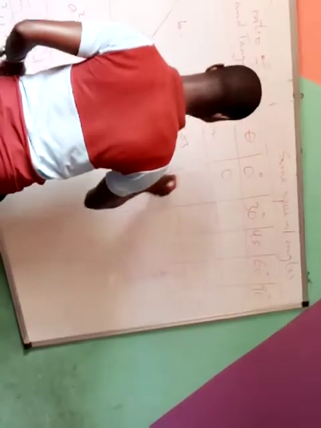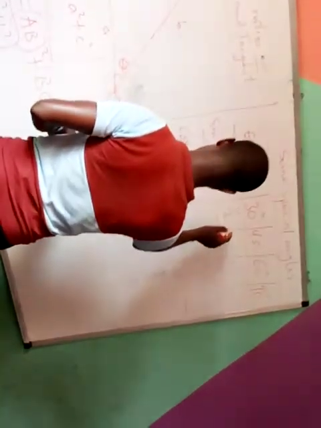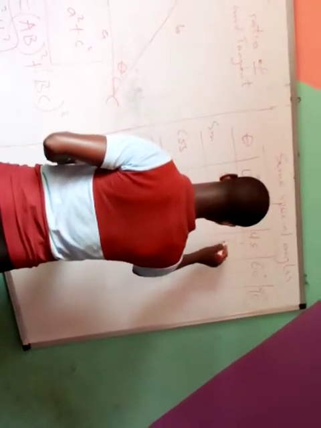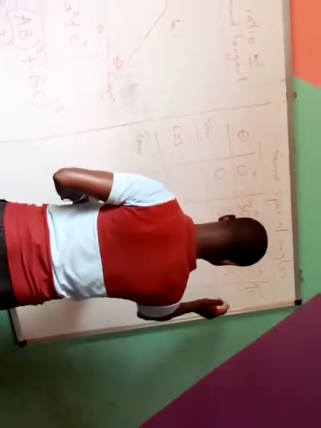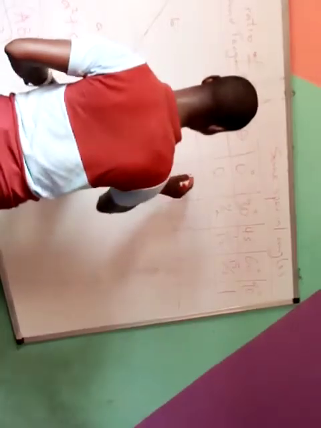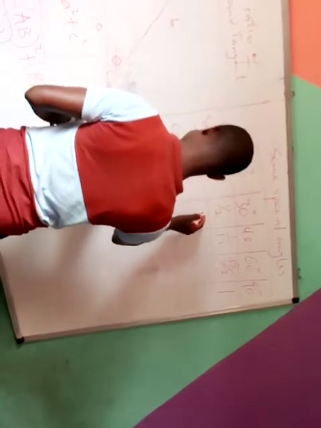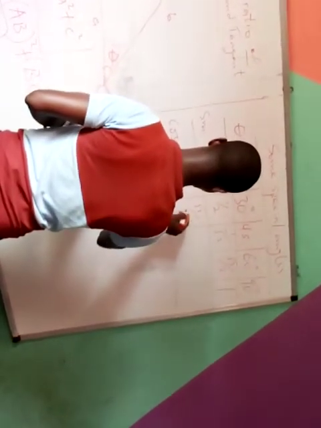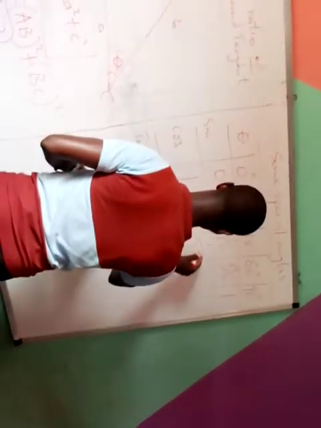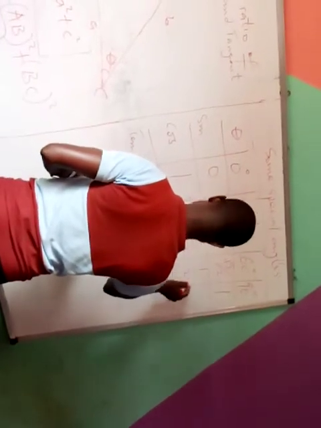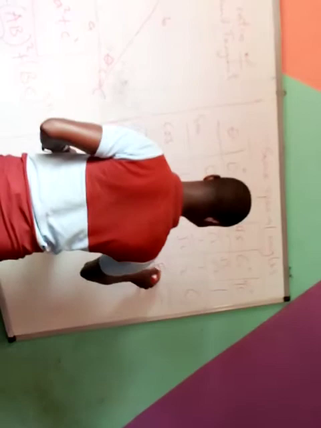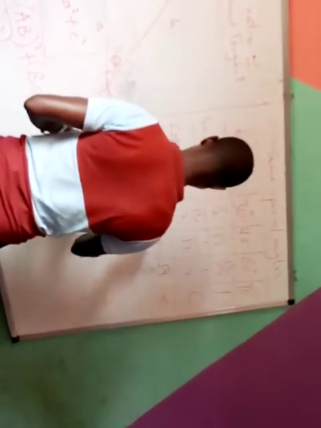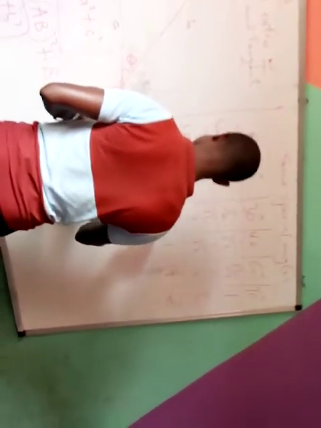So for sine, here is 0, 1 over 2, 1 over root 2, root 3 over 2, 1. For cos, root 3 over 2, 1 over root 2, 1 over 2, 0. These are some special angles.